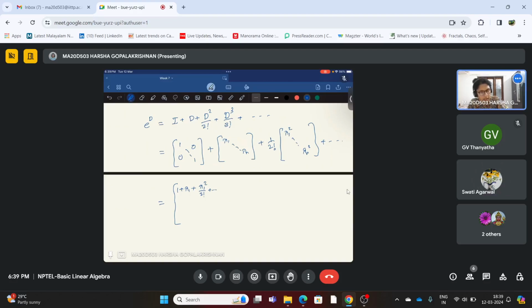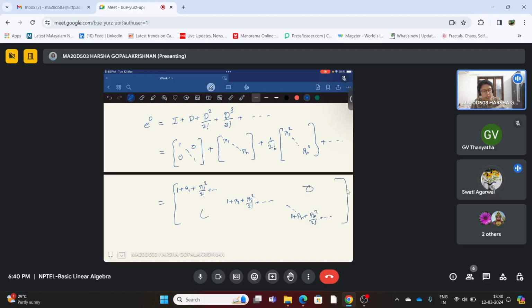They are 0, because everything is a diagonal matrix. Only diagonal entries are there; all others are 0. The upper and lower portions are 0. And in the diagonal, what is the second element? 1 plus lambda 2 plus lambda 2 square by 2 factorial plus etc., and so on up to 1 plus lambda n plus lambda n square by 2 factorial and so on.